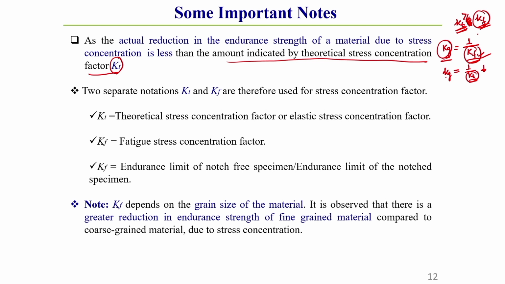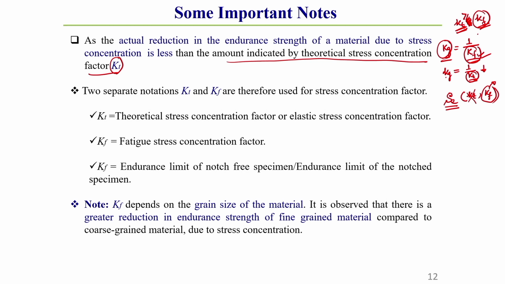So, to find the correct value of endurance strength, instead of considering Kt, we need to consider another stress concentration factor, that is Kf. Understand what I am telling. Kt is not applicable for finding the actual or correct value of endurance strength.